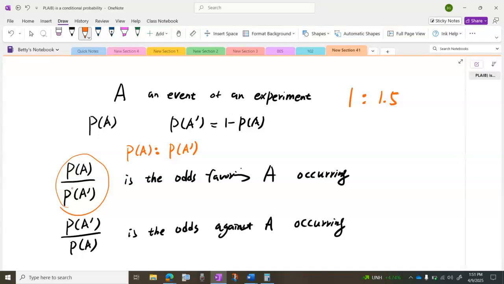So the ratio of the flour and the water is 1 to 1.5, written with a colon. And odds is a ratio. The ratio of the chance of A occurring and the chance of A not occurring. So P of A to P of A prime.